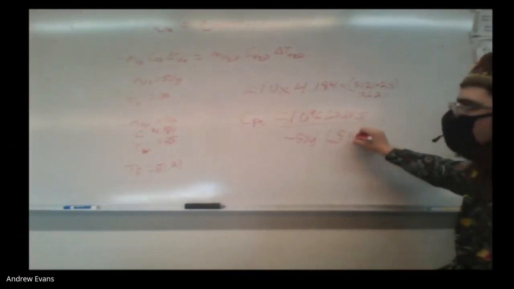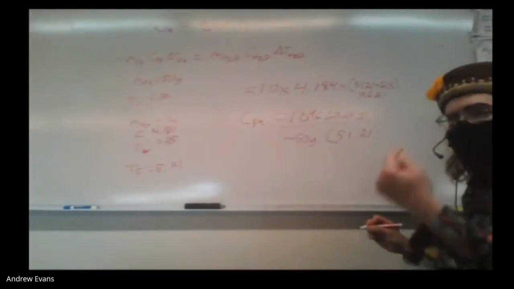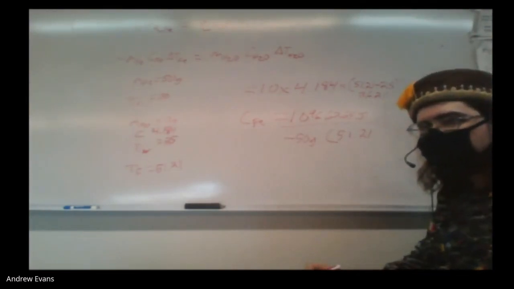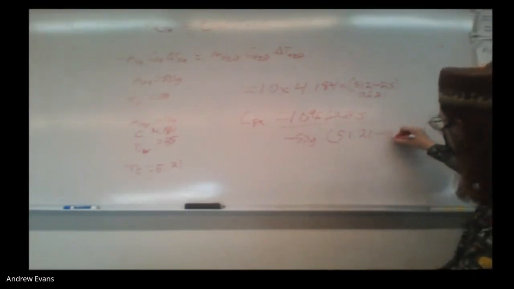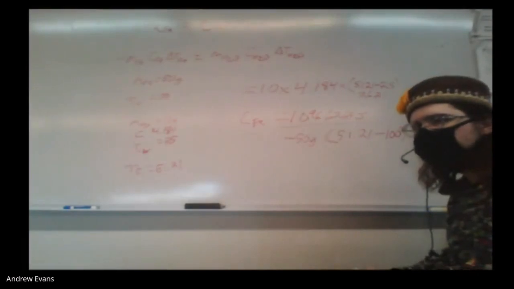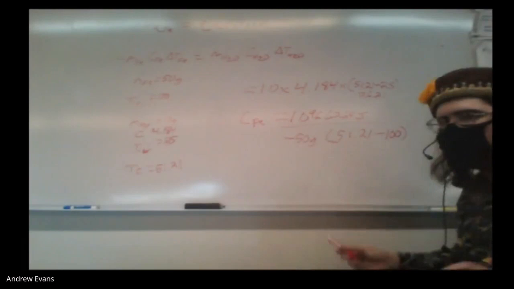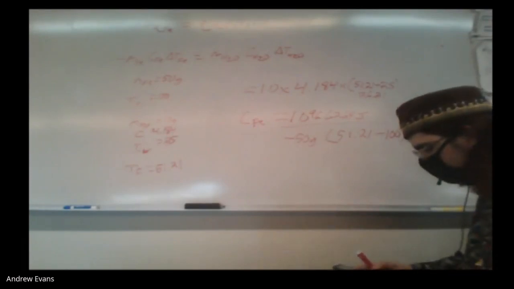When the iron cools down, it cools down to the same temperature as the water. If they were different, more heat would need to flow. They're going to reach the same temperature at the end. So 51.21 minus 100. That negative sign may be throwing you for a loop, but that negative sign is able to take care of that negative temperature.